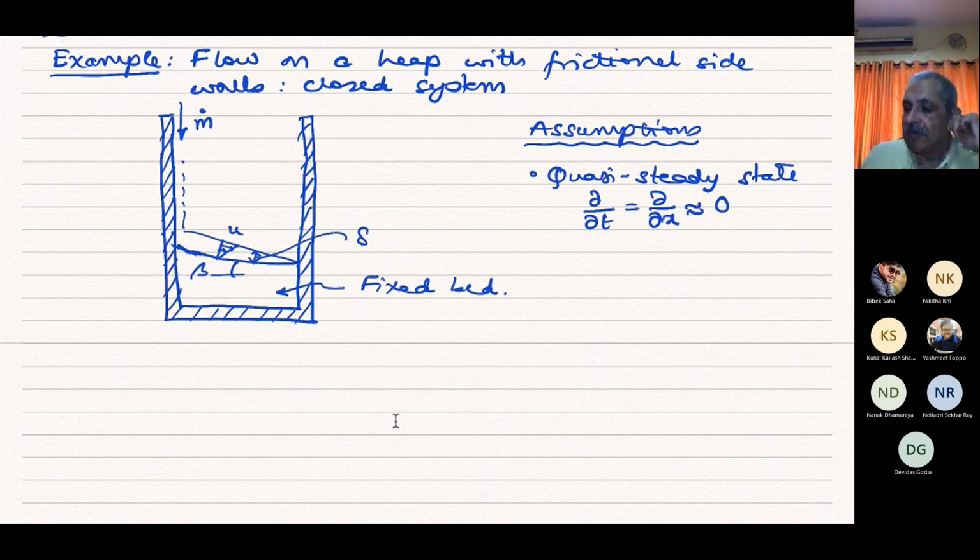Okay, so we assume that this rate of change for almost all the variables is almost zero, except for one variable, that is h. So we'll just take dh by dt is not equal to 0.